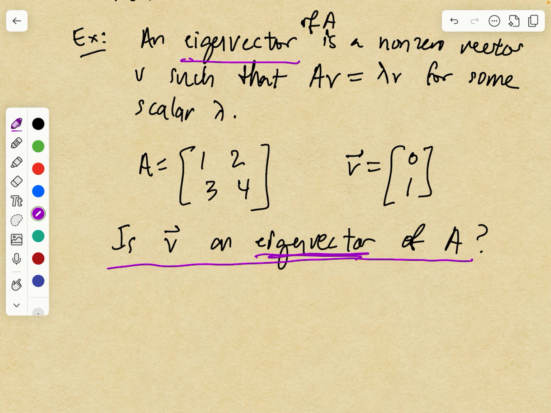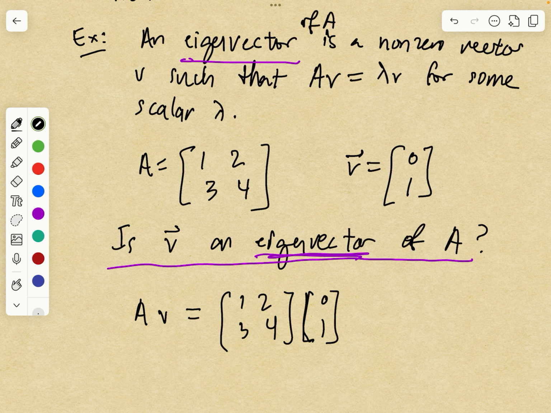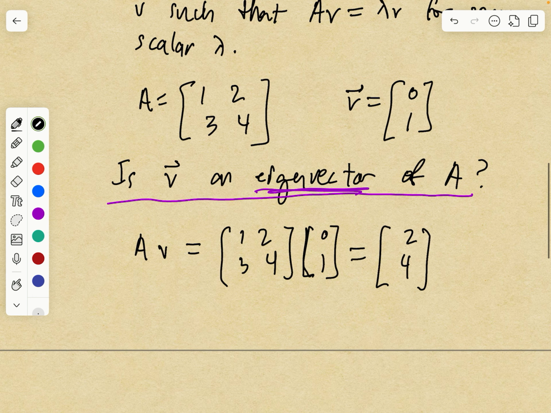So what do we do? We find what A times v is, and then we ask, is that lambda times v for some scalar lambda? So what we should do is calculate A times v. A times v is this matrix times this vector, and when you calculate it, you get (2, 4). Now, is (2, 4) equal to lambda v for some scalar lambda?